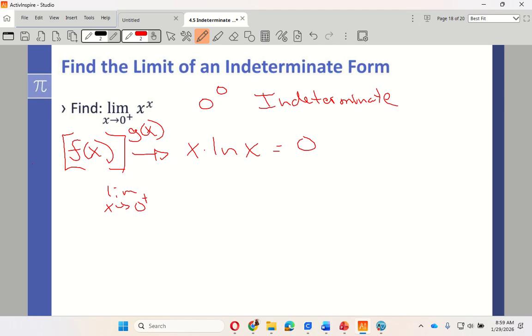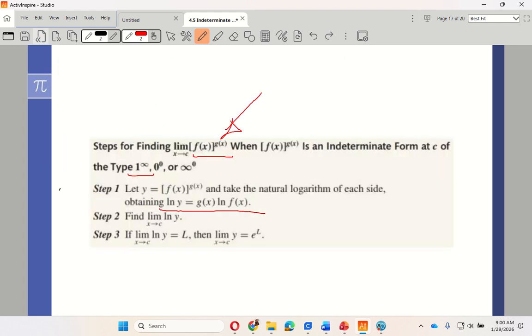And so going back to this, it's going to say the limit as x approaches 0 of what I had, which is my ln y equals 0. So I took this piece right here, and I still have this piece right here, and set it equal to my limit.